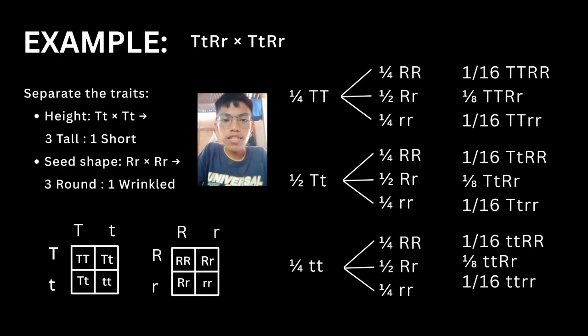So as you can see, we separated both traits, which has 3 tall dominant and 1 small recessive, and 3 round dominant and 1 wrinkled recessive trait.